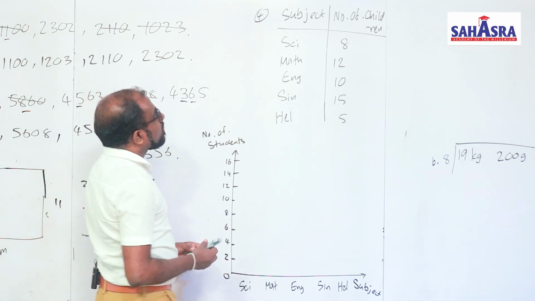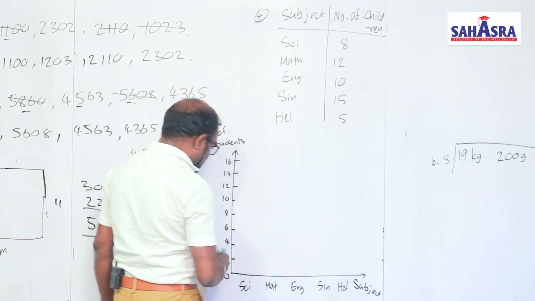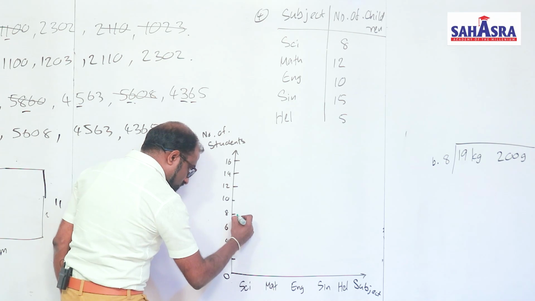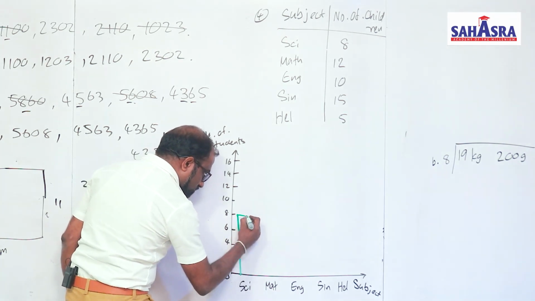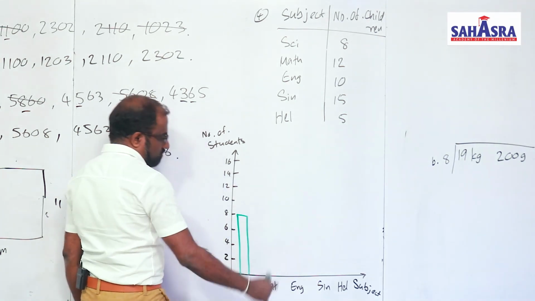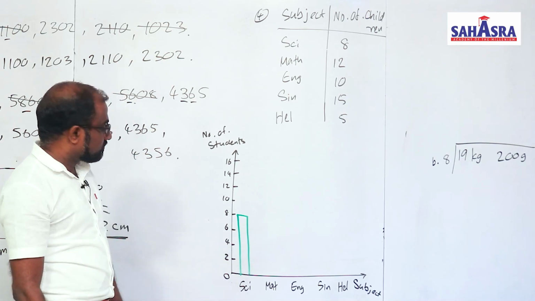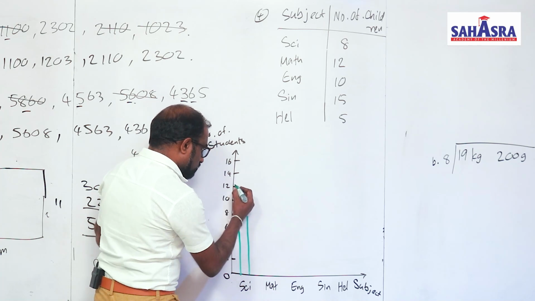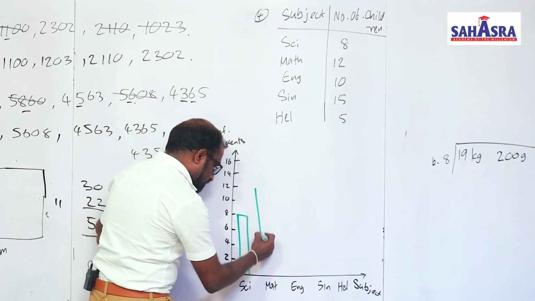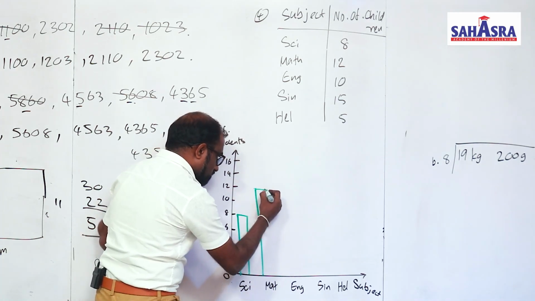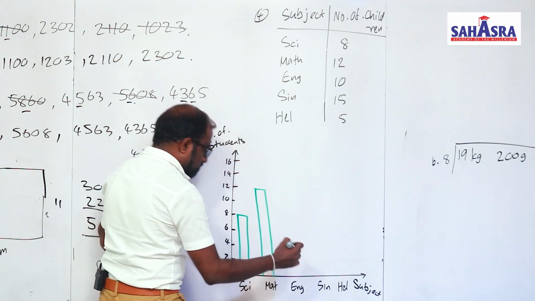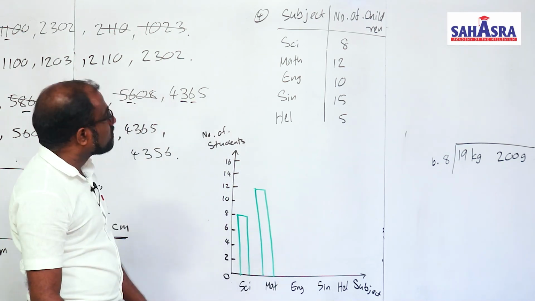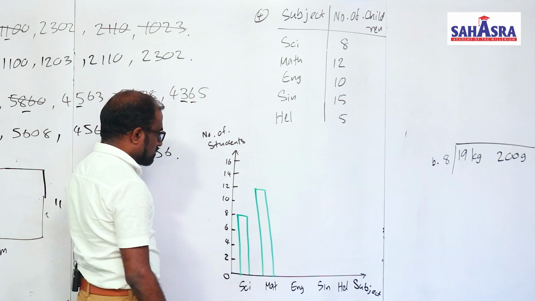So science. How many students like science? 8. So the bar that represents science is 8. Then 12 children like maths. 12. So, like this. English. 10 students like English.